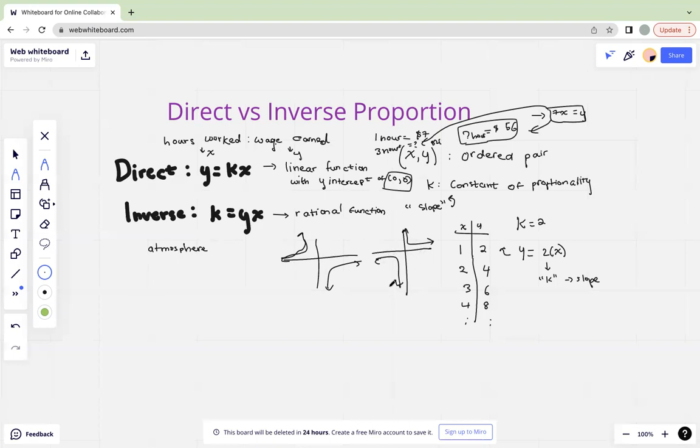So that's how you know. With direct variation, your graph is either always increasing or always decreasing. Either way, it's going to cross at 0, 0. I didn't draw it perfectly, but let's assume this is 0, 0.